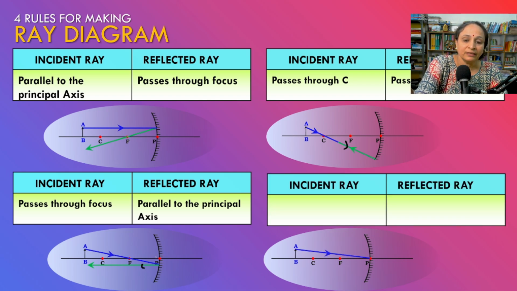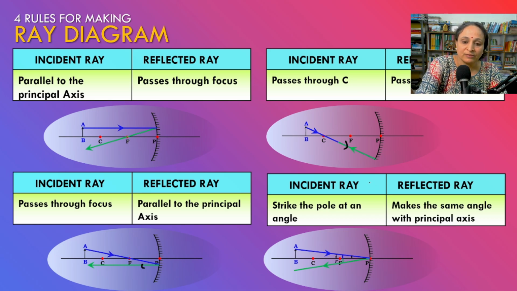And if the ray makes an angle I with the principal axis at the pole P, the reflected ray also makes an angle of the same size, called R, with the principal axis. The angle made by the incident ray and the angle made by the reflected ray with the principal axis remain the same. These are the basic 4 rules.